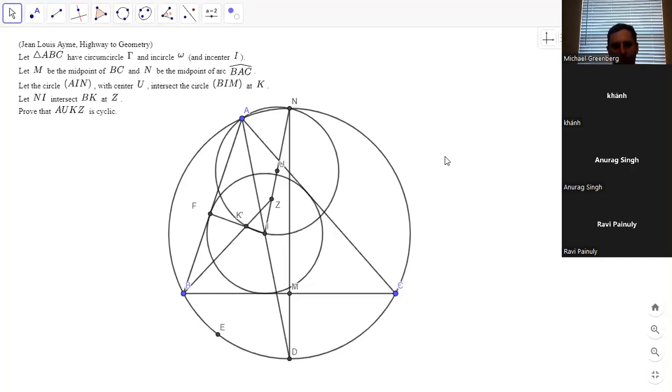Showing. Let's see. Then angle KAN prime. K prime AN is. So angle ANK. Angle AIN. Oh, okay.